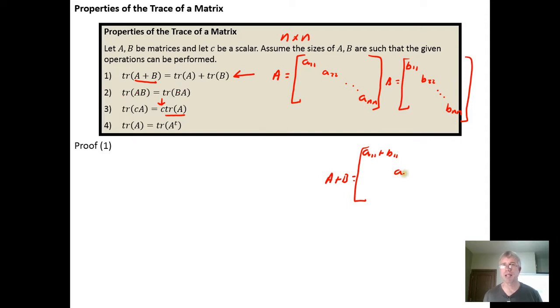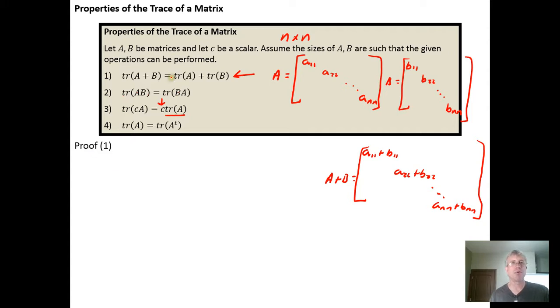The next element down on the diagonal is going to be a22 plus b22. All the way down, the element in the bottom corner is going to be a_nn plus b_nn. That's what the main diagonal is going to look like, and we want to know this when we're trying to do a proof like this: the trace of the sum A plus B equals the trace of A plus the trace of B. So this gives us an idea of what we need to do.